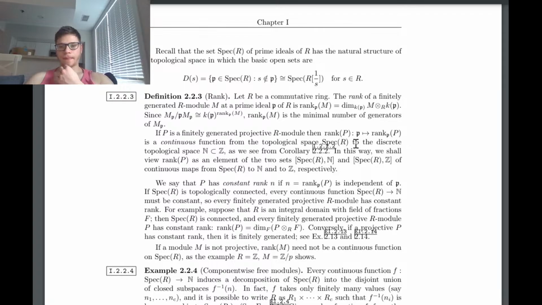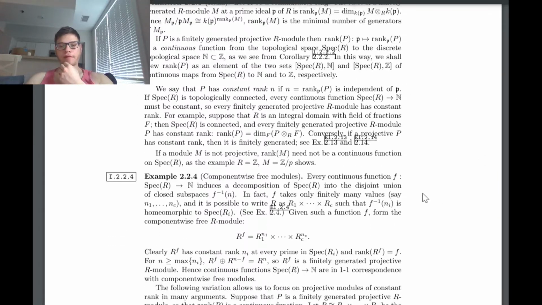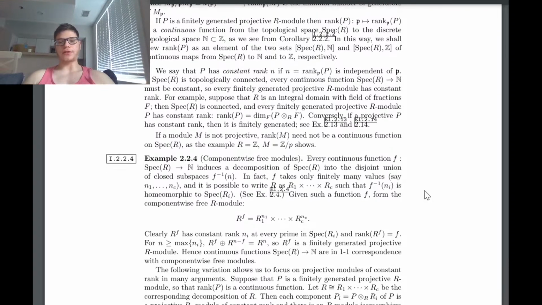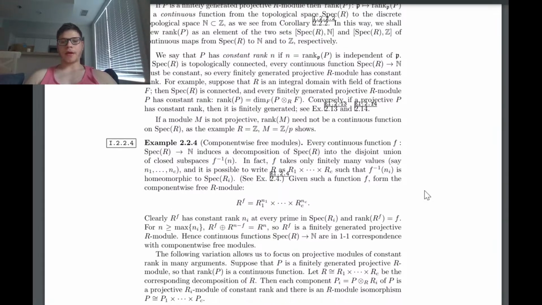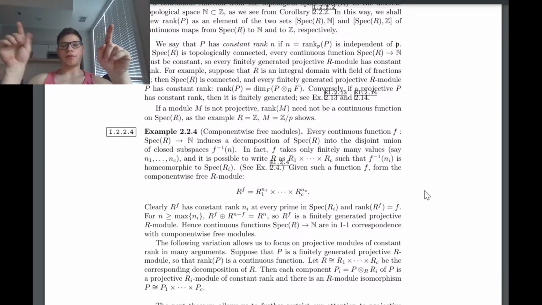Okay. P has constant rank if the rank is independent of P. Of course, if Spec R is topologically connected, every continuous function must be constant, so every finitely generated projective R-module has constant rank. For example, if R is an integral domain, Spec R is connected, so every finitely generated projective R-module has constant rank, which is equal to the dimension over the field of fractions, because everything factors through the field of fractions.